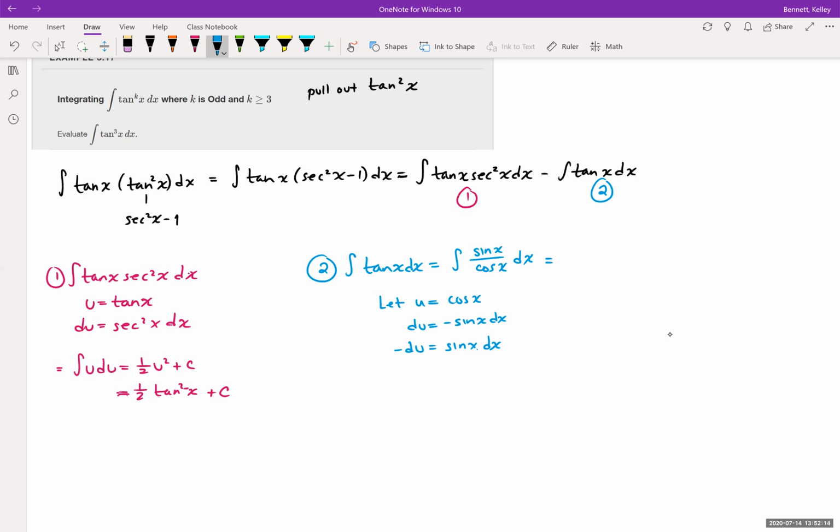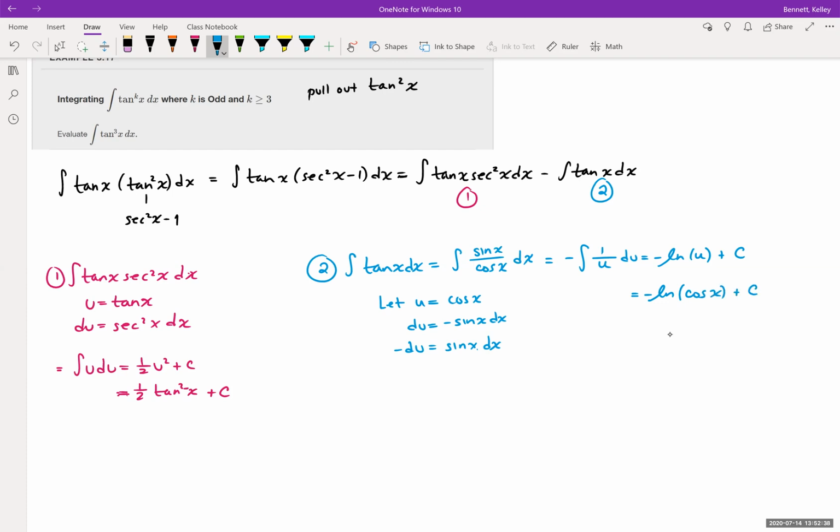So what I get is negative integral 1 over u du. So this is negative ln of u plus c. So this equals negative ln of cosine of x plus c.